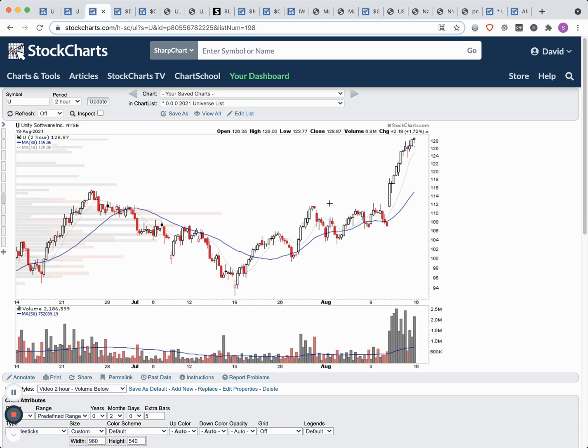It started immediately basing after the breakout, and this is what backing up action can look like on any time frame. So this is an equivalent of the backing up action, and then we've had a continuation breakout on the earnings results on strong relative volume, and this now gives us a significant range with all of this volume. So you wouldn't expect it to fall back below this area.